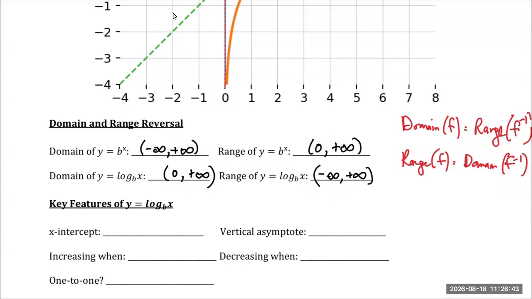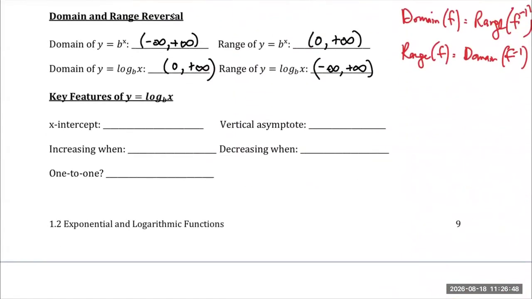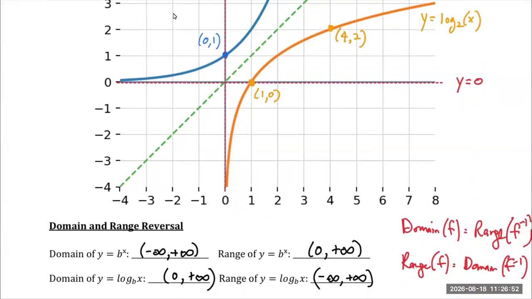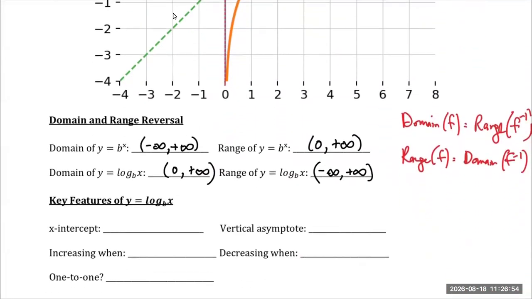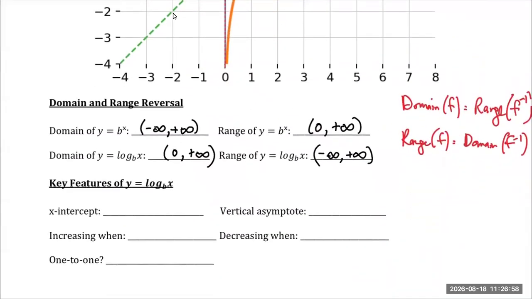We should list some key features. We've already discussed some of these features as we graphed this guy. So the first thing I would say is that the x-intercept is going to be (1, 0). And that's because the y-intercept of the original function was (0, 1).